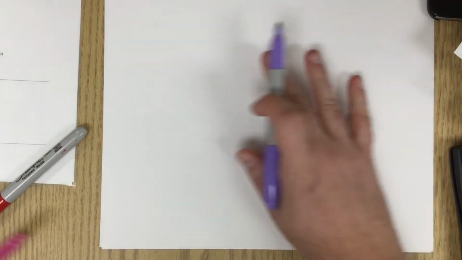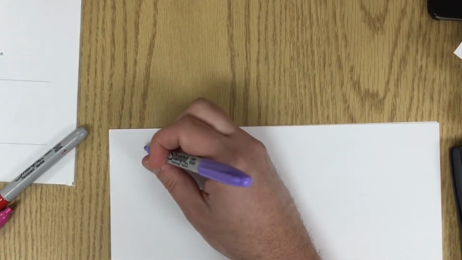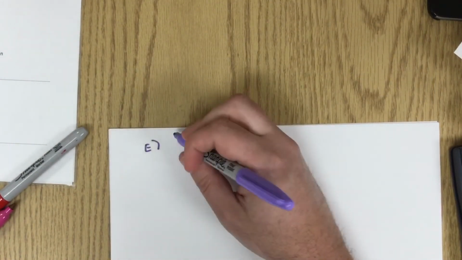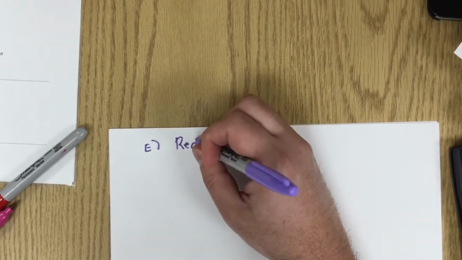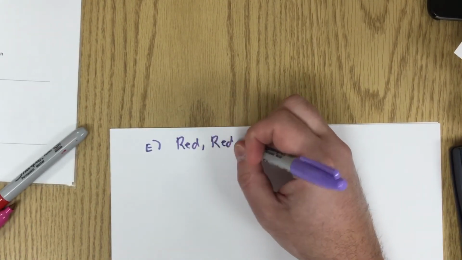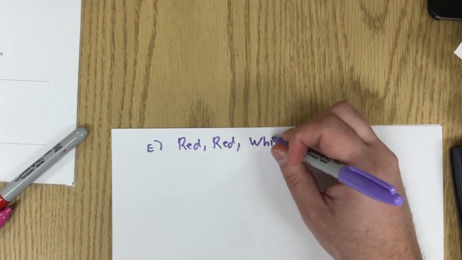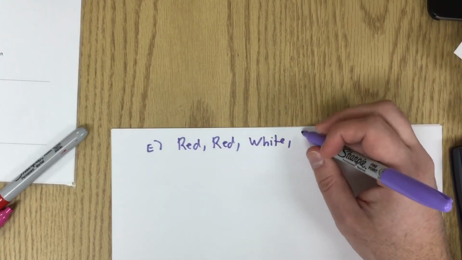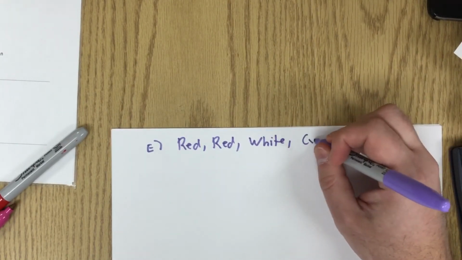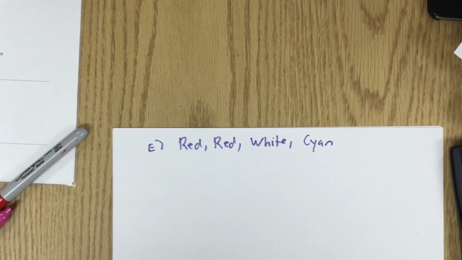Now, let's do E. Let's say we have 2 reds. Let's do a white, that might be easier to draw. A white and a cyan. So red, red, white, cyan.